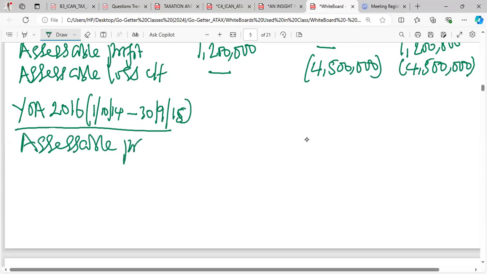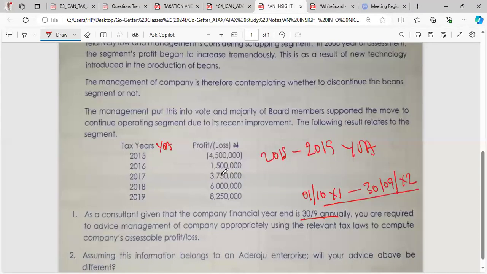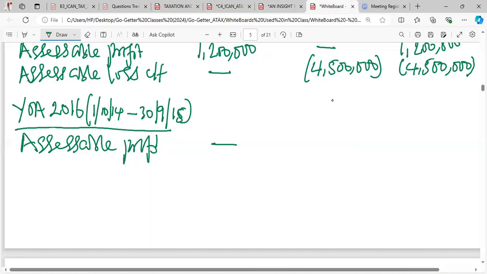Accessible profit. Rice made a loss. Beans made a profit of 1.5. So we have 1.5 here.